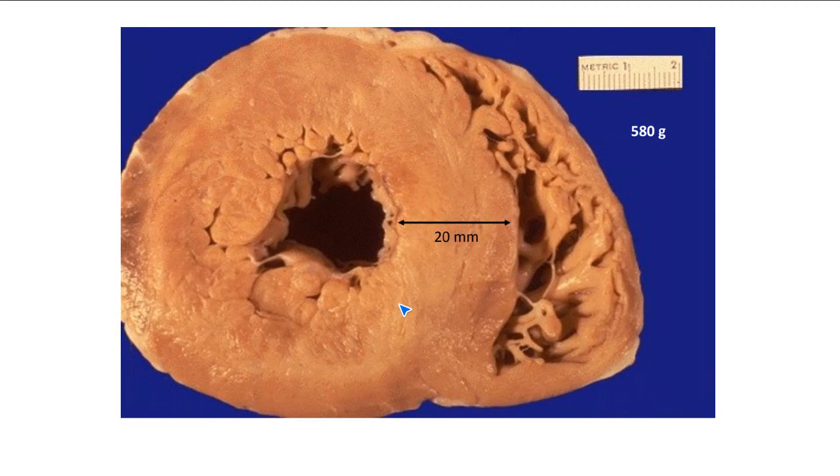So hypertension can result in heart failure, and many other diseases can be complicated by heart failure, which is really just an end result of all these other diseases. So the thickness of the ventricle in heart failure will depend on what was causing the heart failure.